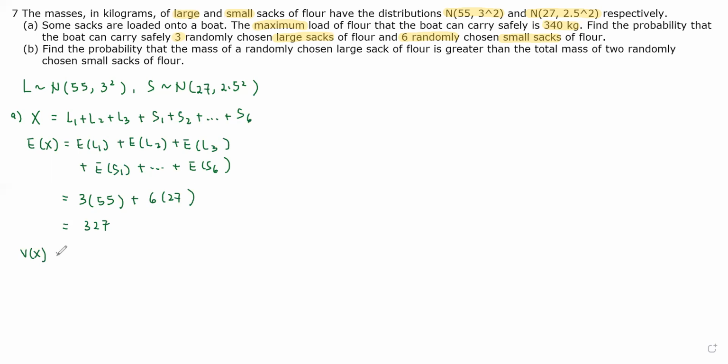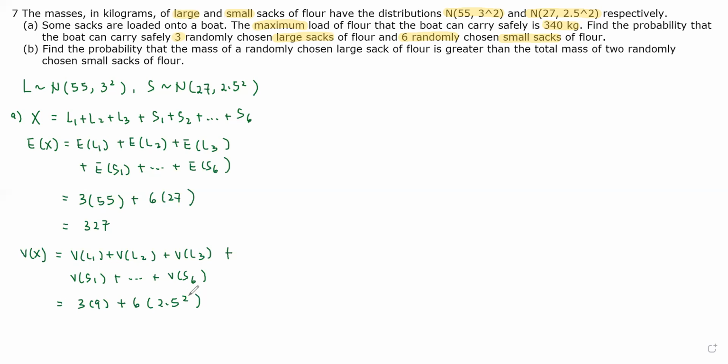The variance of X is the variance of L1 plus the variance of L2 plus the variance of L3, and then you have the variance of S1 until the variance of S6. Since there are 3 of them and their variance is 9, we have 3 times 9 plus 6 times 2.5 squared.